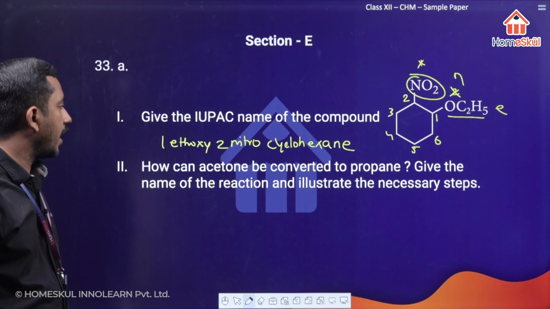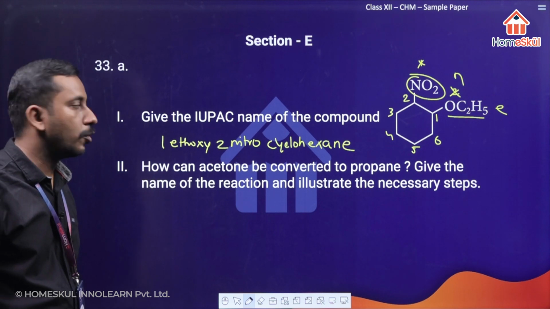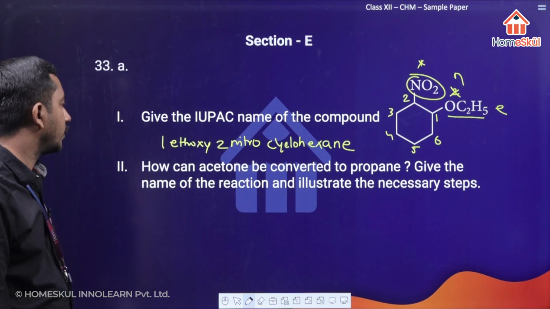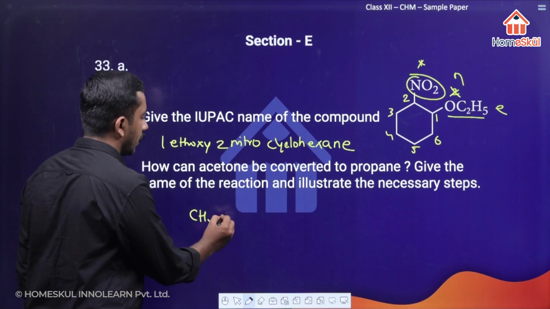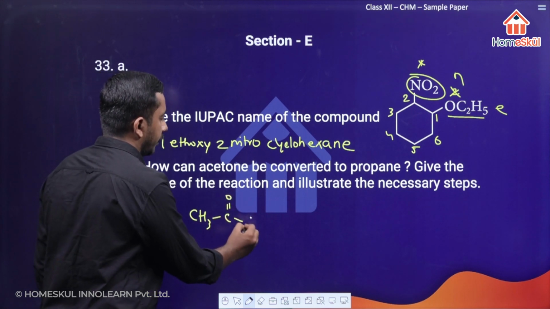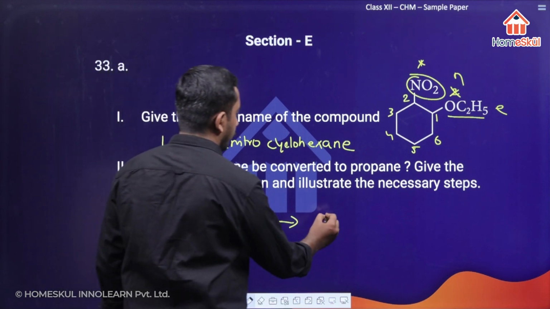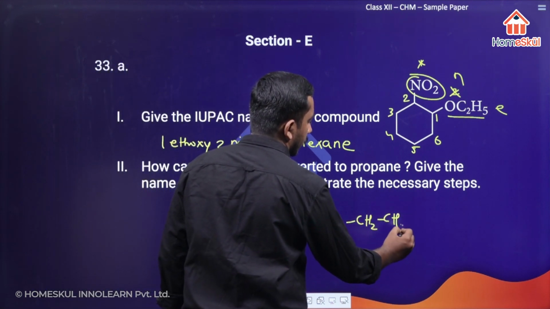The second question: how can acetone be converted into propane? Give the name of the reaction and illustrate the necessary steps. We have to convert acetone, which is CH3COCH3, into propane, that means CH3CH2CH3.